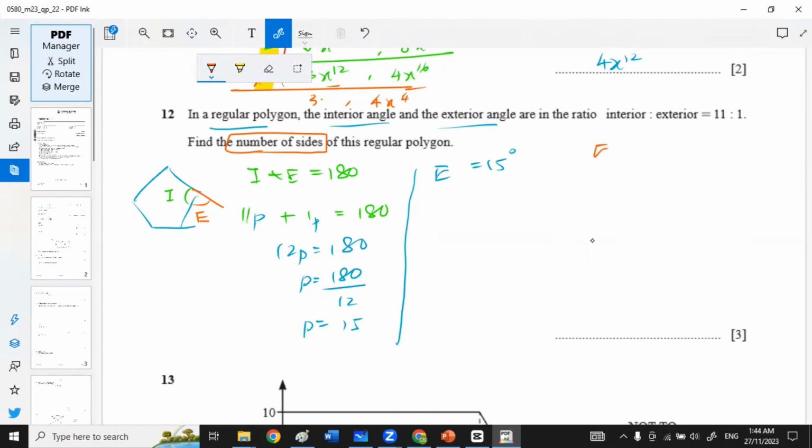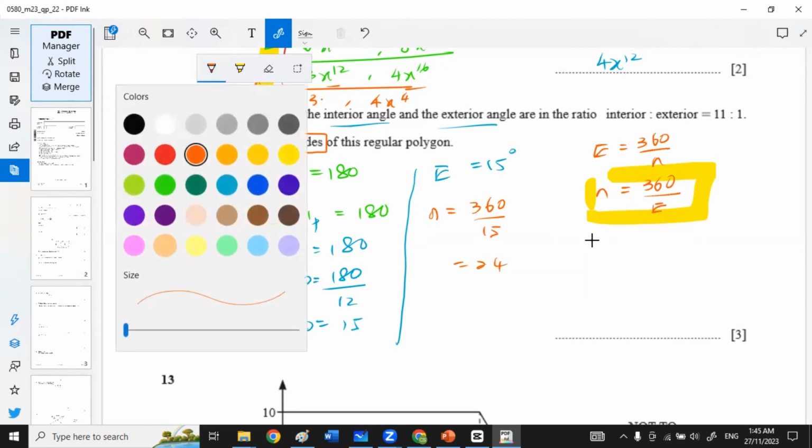From the exterior angle, we know that it is 360 over n. So the number of sides is the n. So we want to find n, which is equal to 360 over E. Take this formula, it will be easier for you to calculate. Therefore, n is equal to 360 over 15, you should get 24.